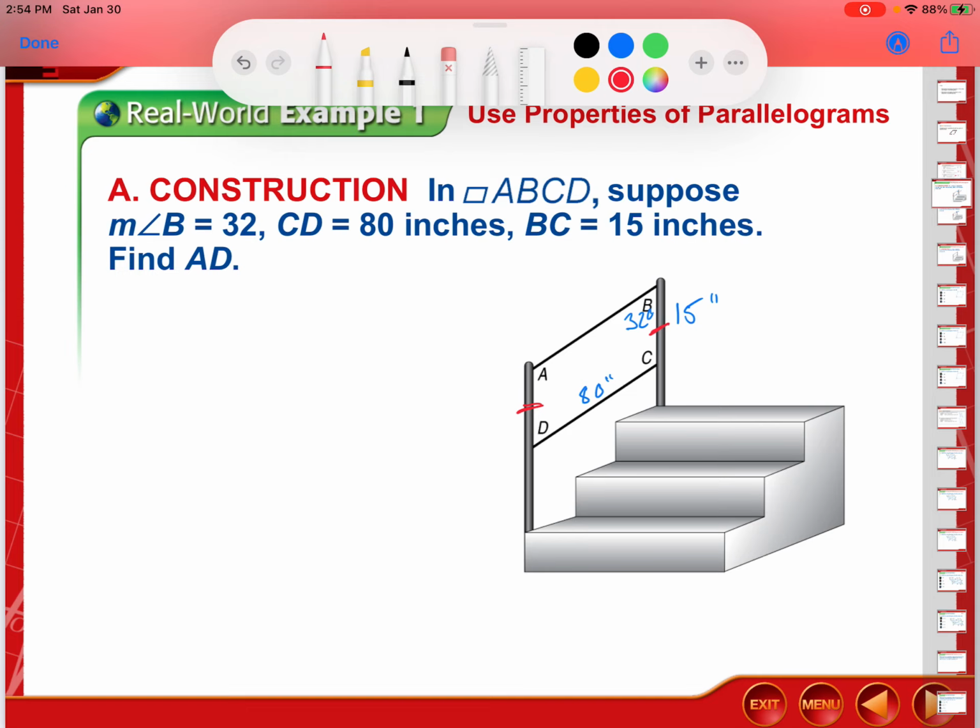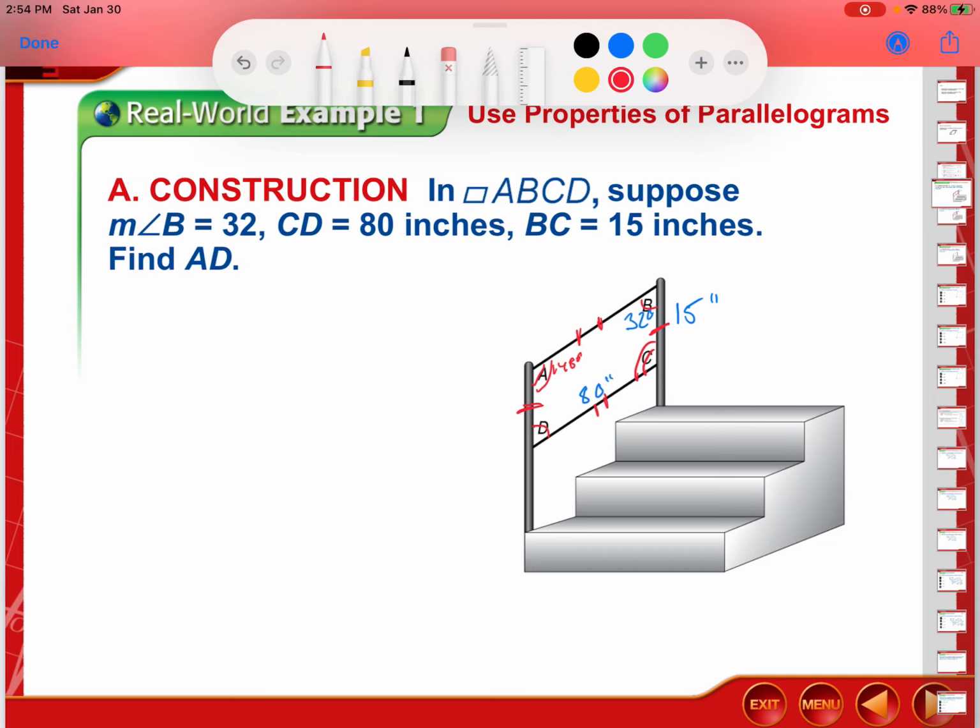We could also find that DC is the same as AB, angle B and angle D are the same. Angle A and angle B add up to equal 180. In that case, angle A would be 148 degrees, and angle C would be 148 as well, since they are congruent.